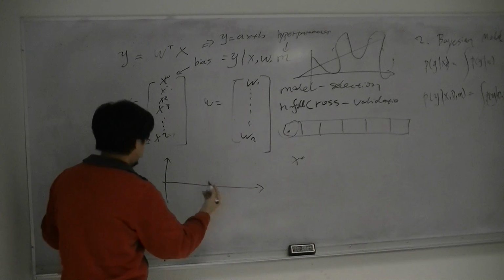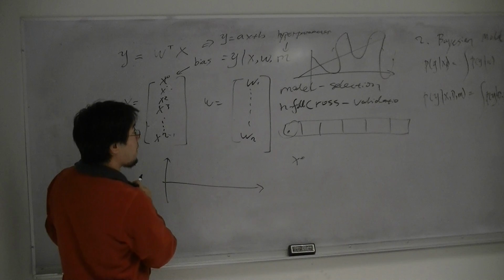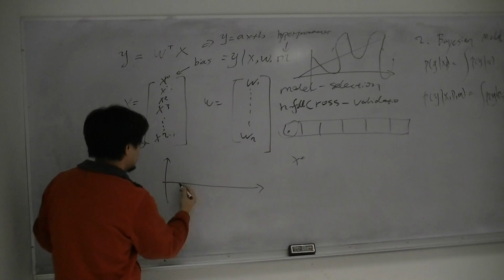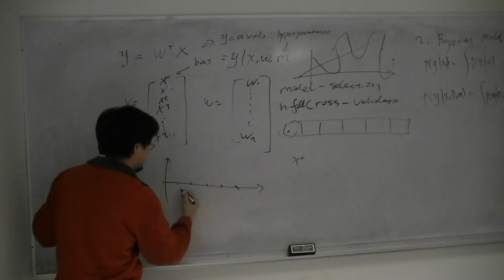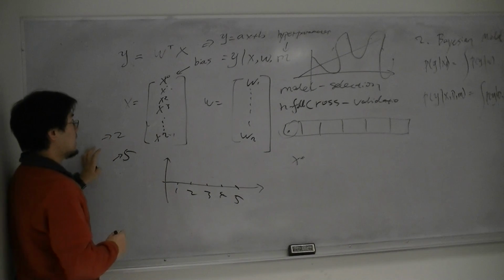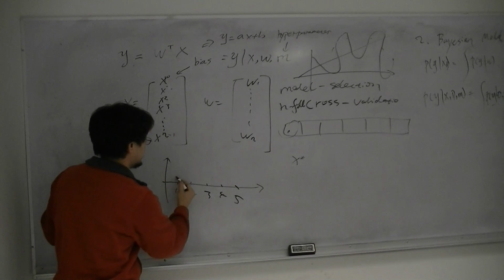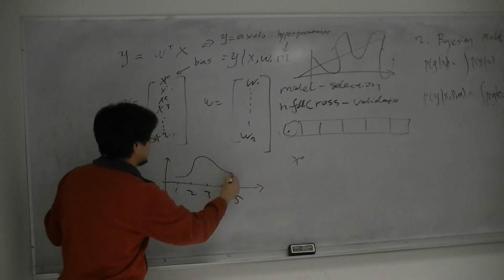This is the different values of models, maybe 1, 2, 3, 4, 5. And given the data, the posterior distribution of the model is probably something like this.